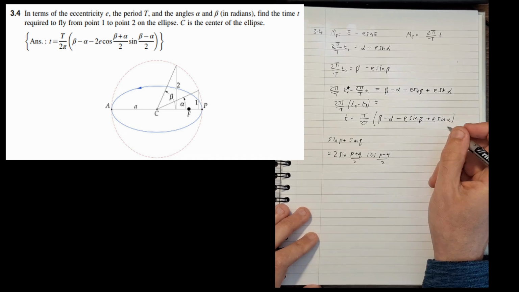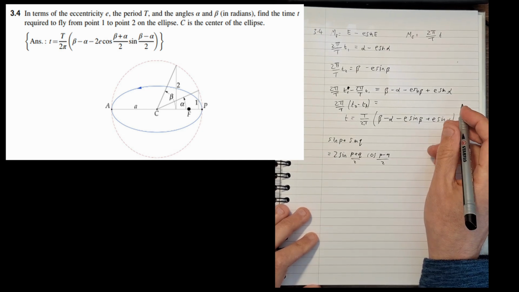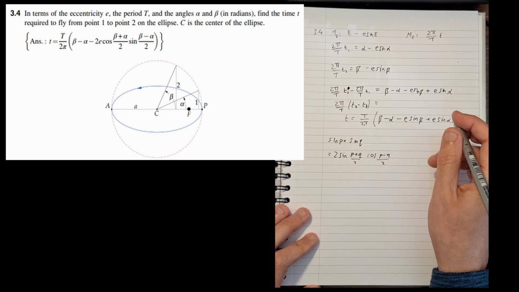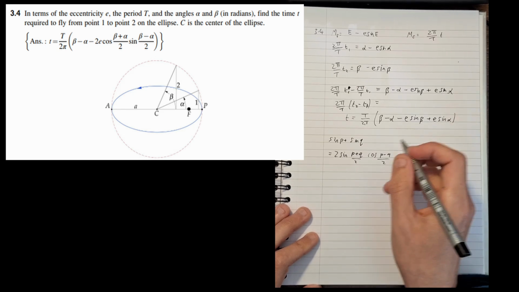We can use that. Now we have slightly different signs, and that makes it a little bit of a problem, I think, because we have a minus sign on beta, but we can deal with that.